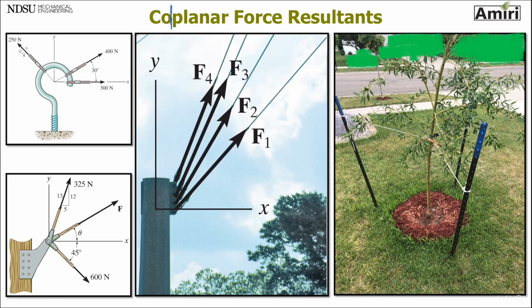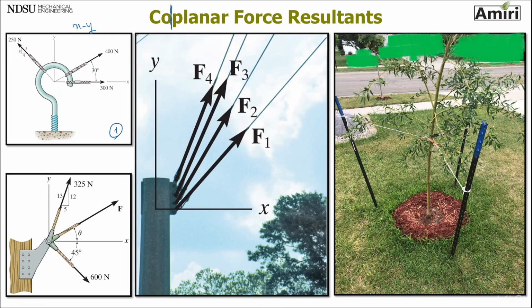Look, here are some examples. The first one is just a hook with 3 forces. All of those forces are in the xy plane, so they're all coplanar forces. The second one is not a hook, some cables attached, maybe a truss structure, something like that.